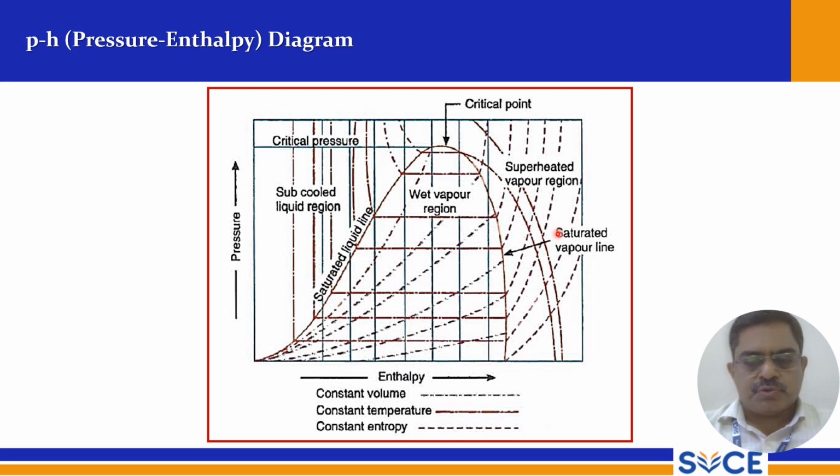I will teach you that while doing problems. Now you can see these are the constant temperature lines, these are the constant volume lines, and these are the constant entropy lines. This is the diagram, and these are the associated curves in the diagram.